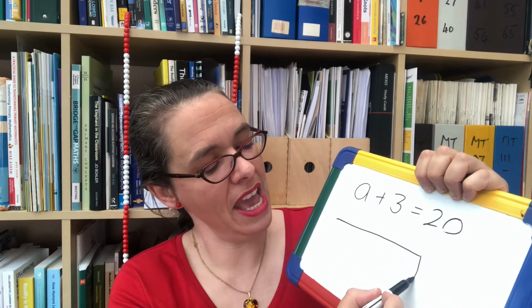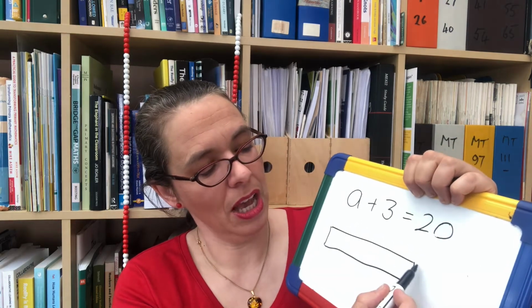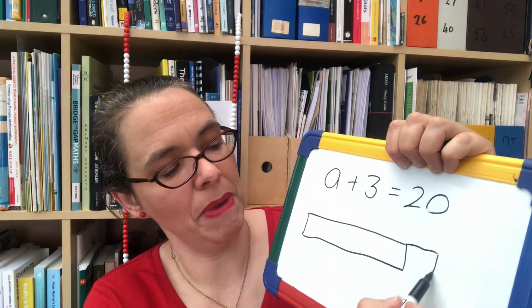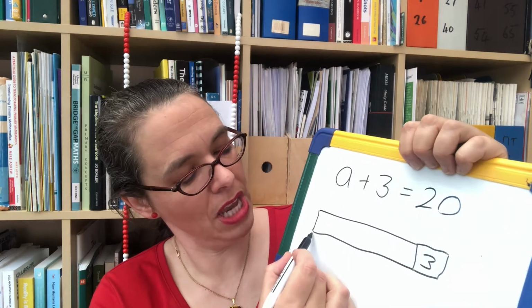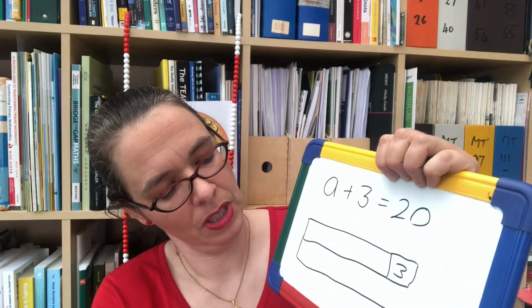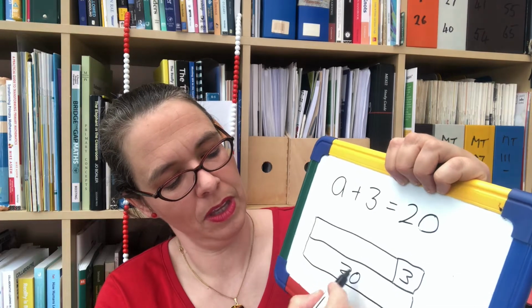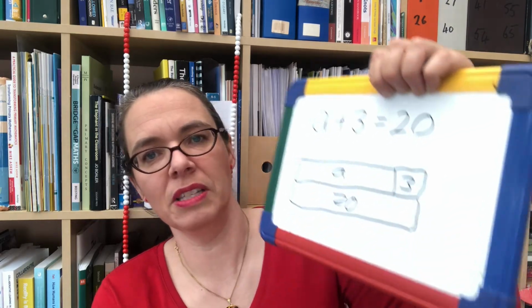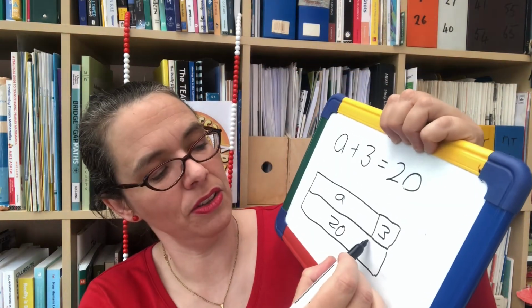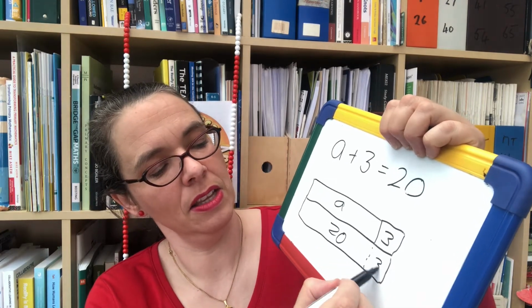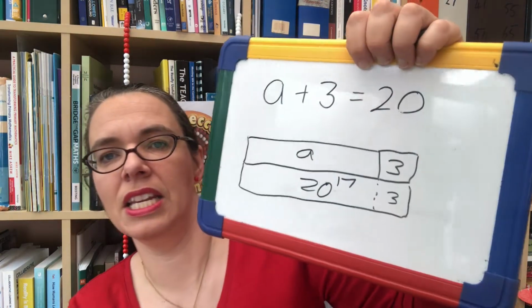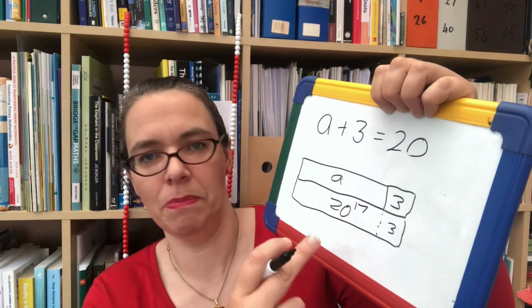We've got A is our mystery number, and we've got 3 that we know about. And we know that the total is 20. So that's A. We're trying to puzzle out A. So if we cut 3 off 20, that's going to leave us with 17 in this block. Therefore, A must be 17.